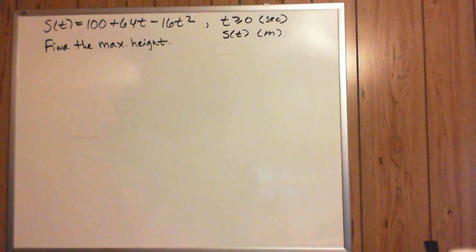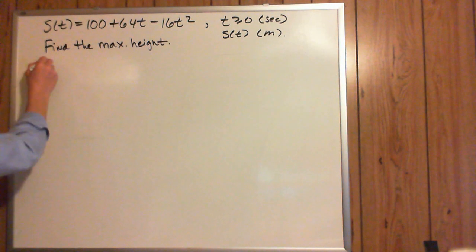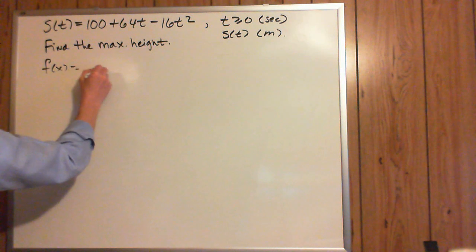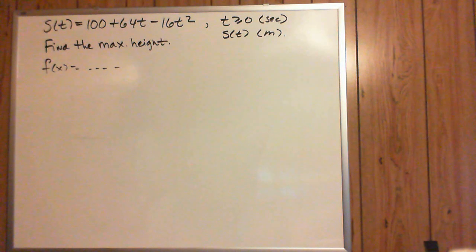If you think back, when we were given a function f(x) and wanted to find the absolute maximum or minimum, we took its derivative and obtained the critical numbers by setting the derivative equal to 0 or DNE, and the biggest y was the maximum and the smallest was the minimum.